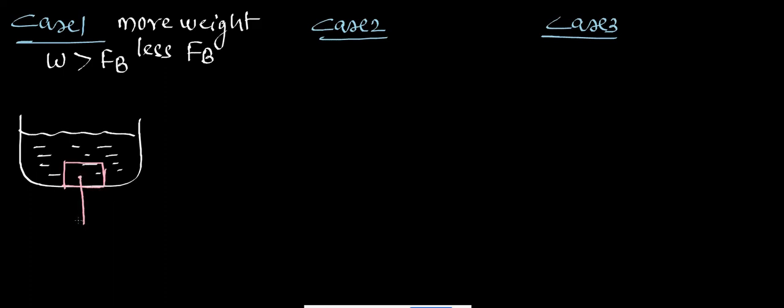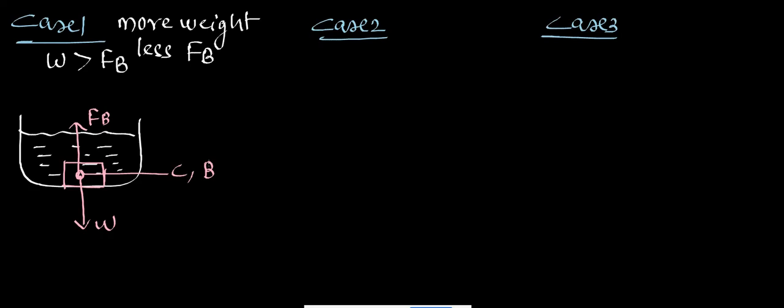So this is the weight and this is the buoyant force, and the same point is for center of gravity and center of buoyancy. Both will be at the same point. Why are both at the same point? Because weight is counterbalanced by the buoyant force. So where weight is present, there buoyant force will be acting.